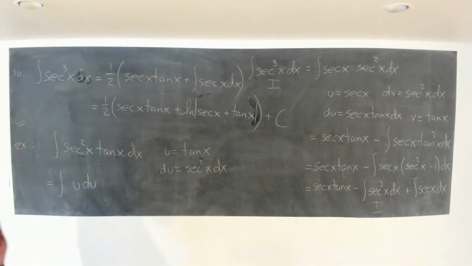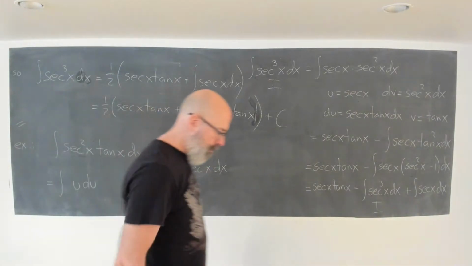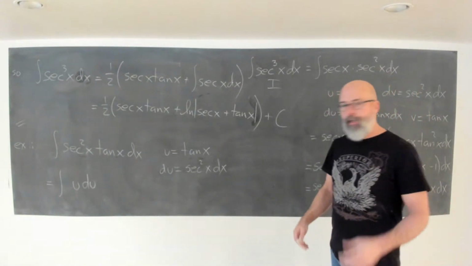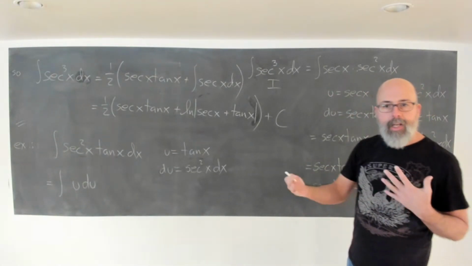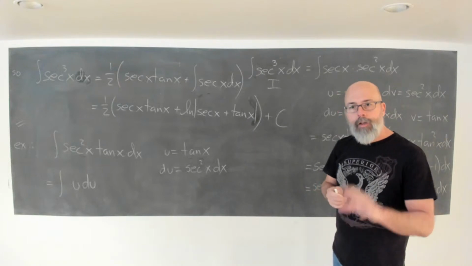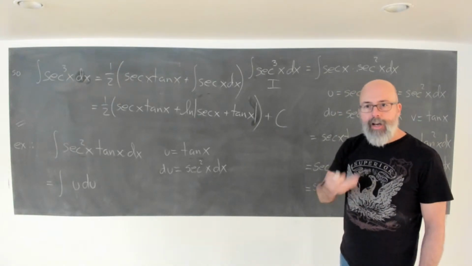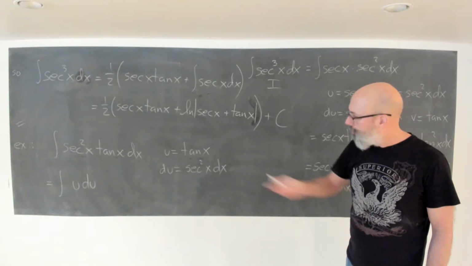And you can generalize, right? If you've got an integral involving secants and tangents, if you can isolate one secant squared and everything else in terms of tangent, you're good to go.